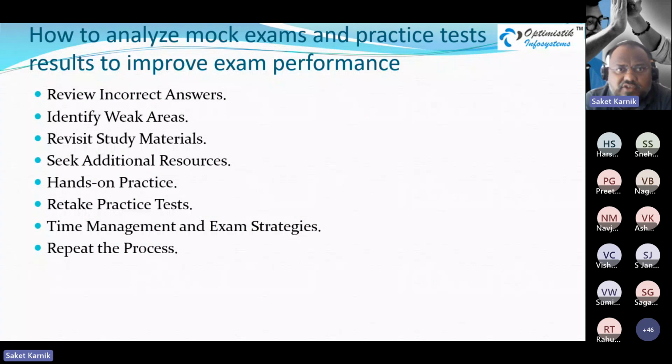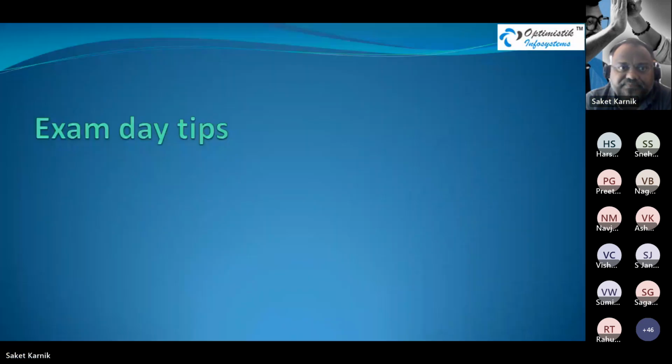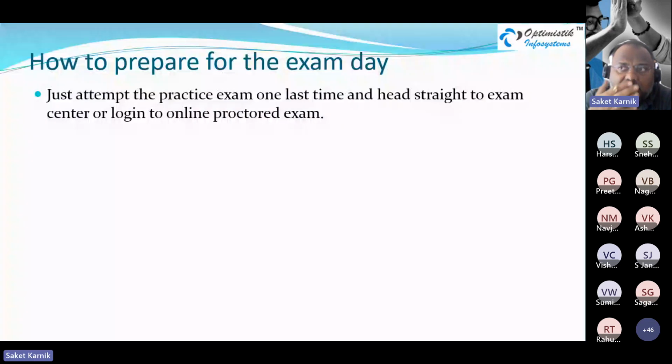So this is a cycle which you have to repeat until you are 100% satisfied that, okay, I'm ready. Okay, so moving on to the last section of this presentation. How do I prepare for the exam day? This is a simple thing which we follow for any exam. On the exam day, just attempt the practice exam one last time.